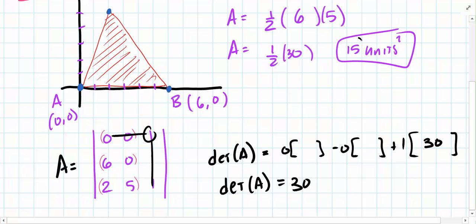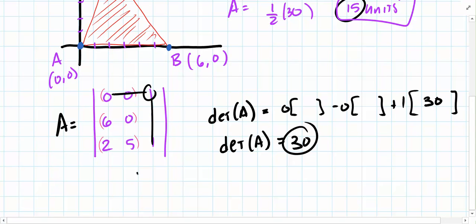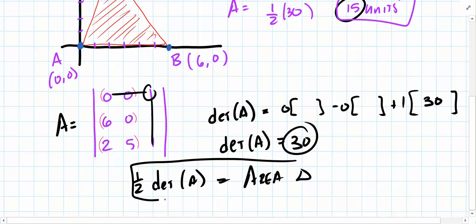How do these numbers compare to each other? It's exactly half, right? So if we take 1/2 the determinant of matrix A, we actually get the area of the triangle with that same coordinate. How crazy is that?